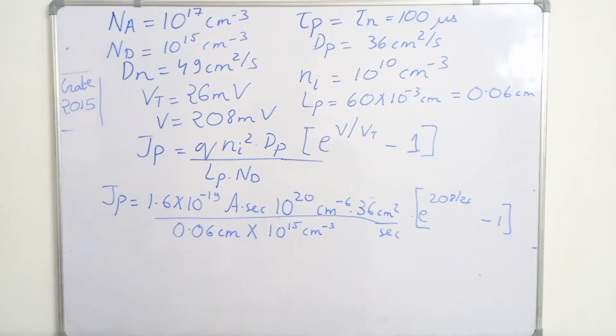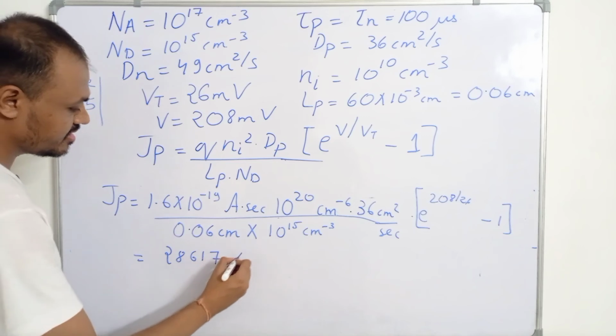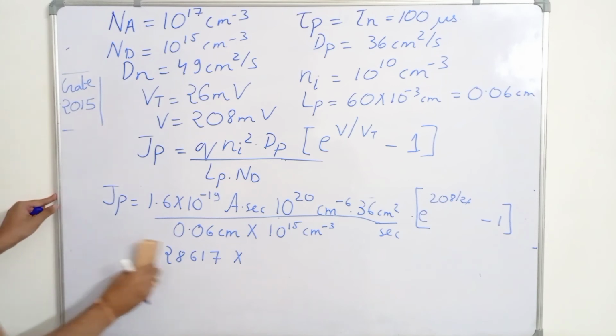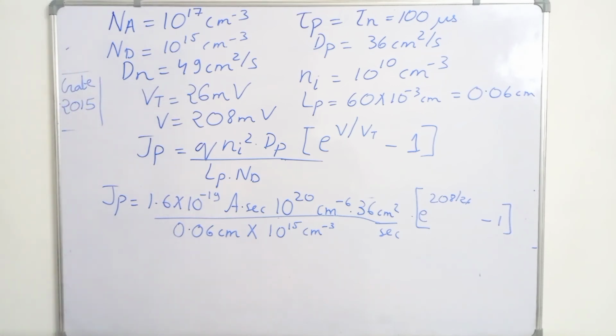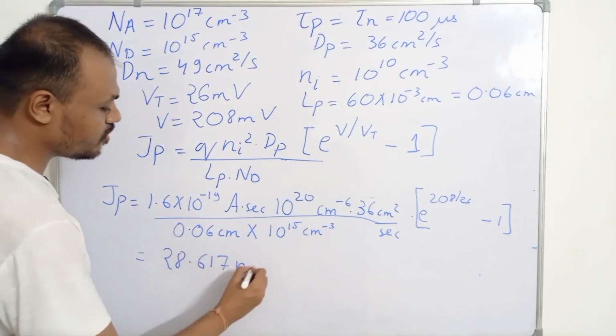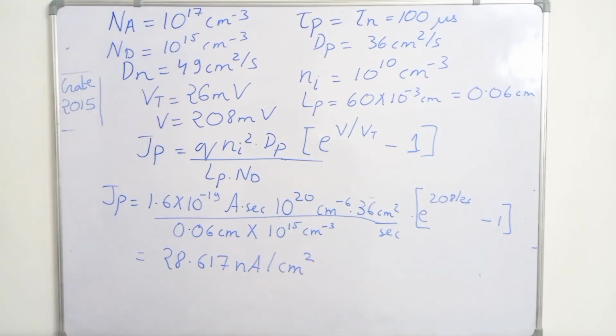Okay, so if you solve it, you will get 28.617 nanoampere per centimeter square. Because we have to find the answer in nanoampere per centimeter square, the answer will be 28.617 nanoampere per centimeter square.